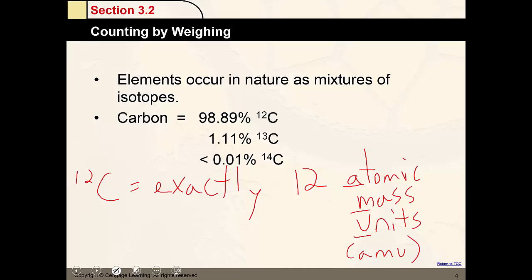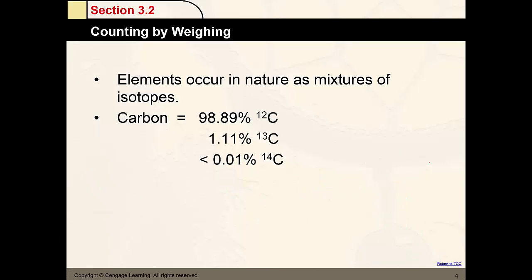And pretty much any element you see on the periodic table occurs as a mixture of isotopes. And remember, isotopes are those elements that have the same number of protons, so they are the same element, yet a different number of neutrons, so a different mass number. So here we have the three different isotopes of carbon, carbon-12, carbon-13, and carbon-14.